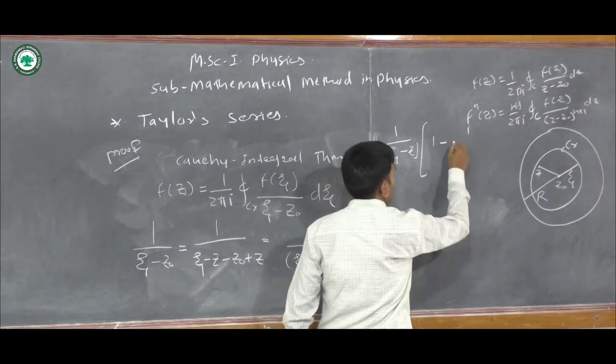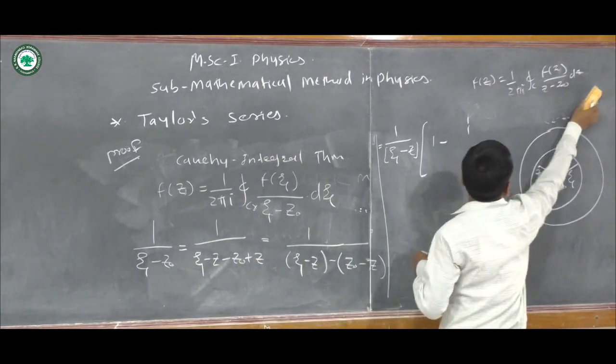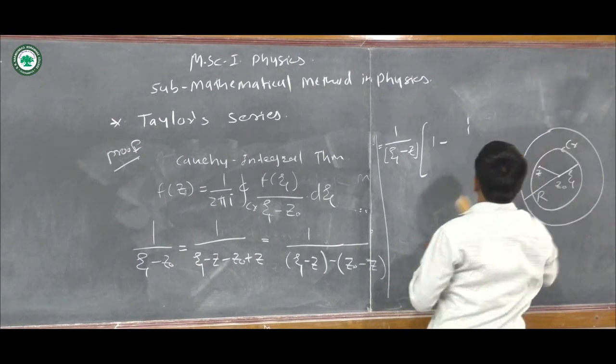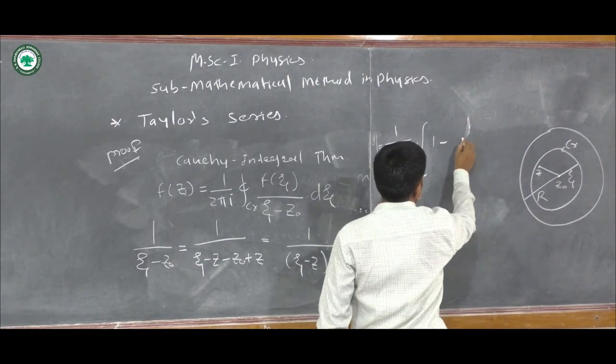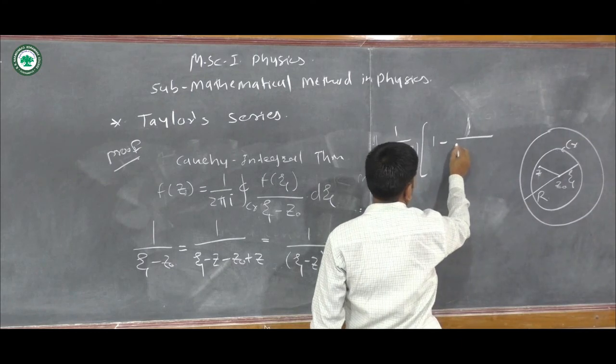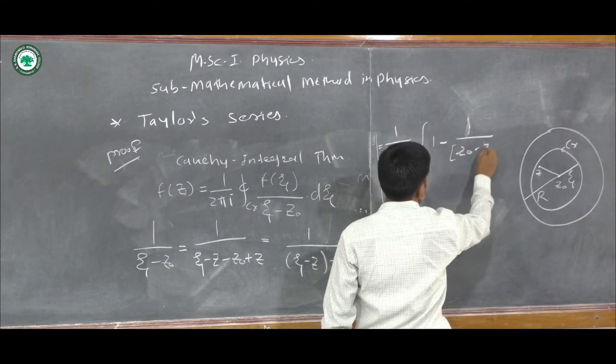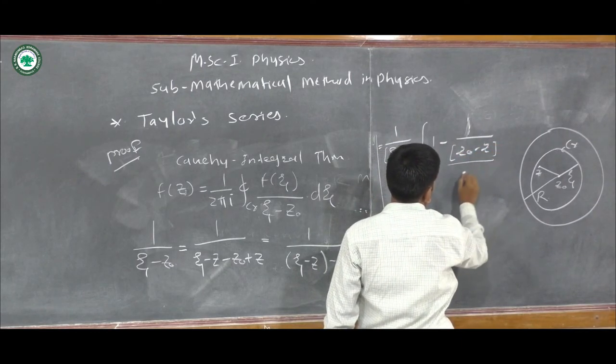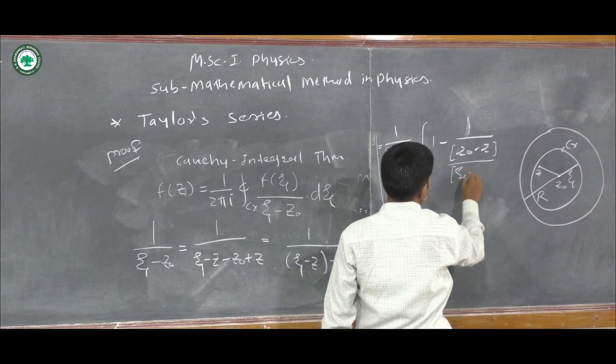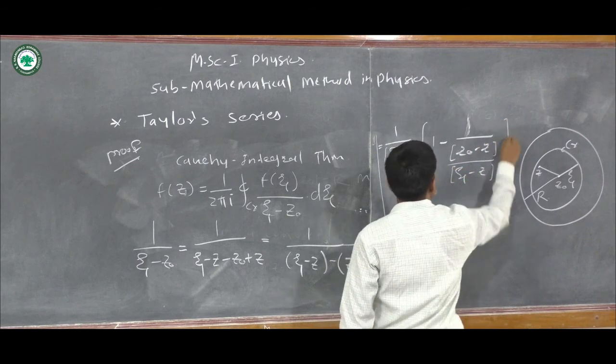1 divided by this z naught minus z divided by psi 1 minus z. Okay, this thing.